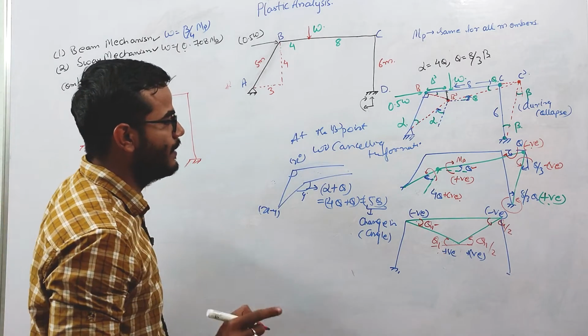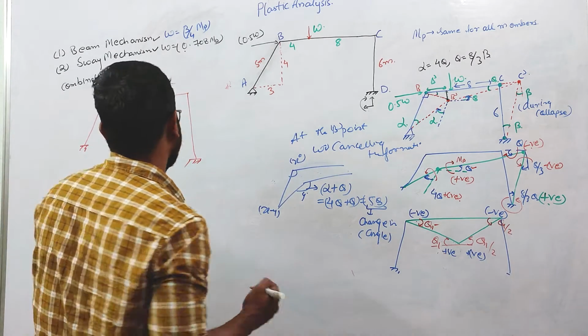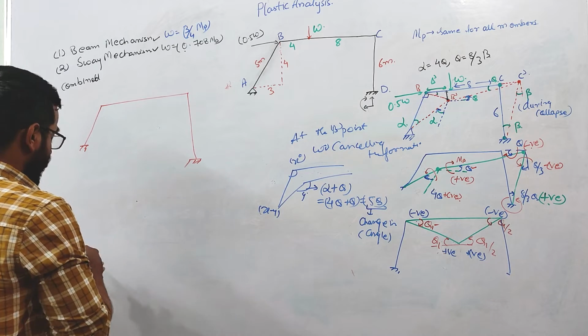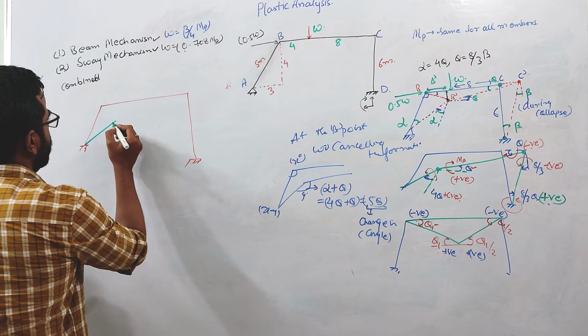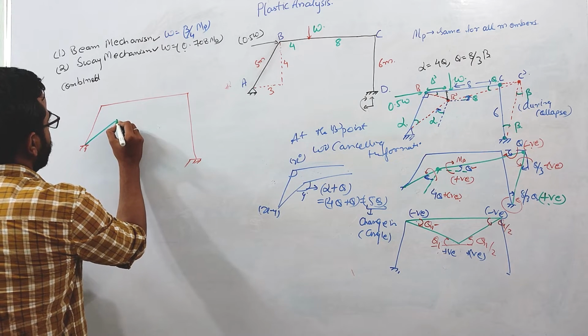So net rotation will be in clockwise direction. If you draw the plastic hinge at this location and show the rotation of the members at the plastic hinge, it will be like this.